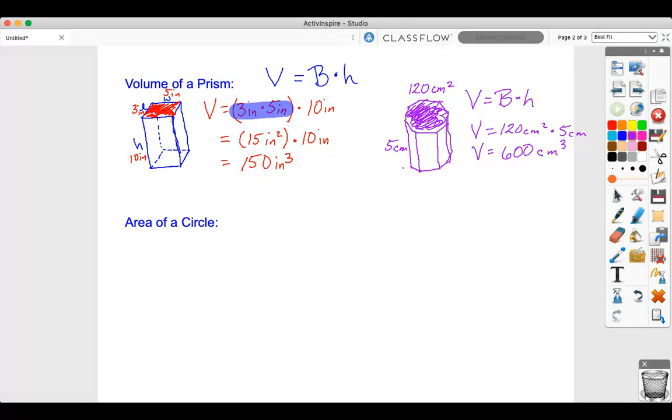Now, again, how does that fit in? Well, we've got cylinders, and cylinders are nothing more than circular prisms. Okay, so cylinders are circular prisms. So if I have a circle here, I bring it down.